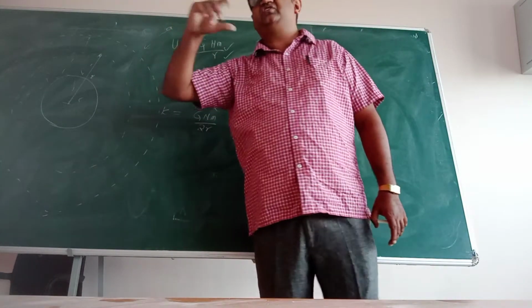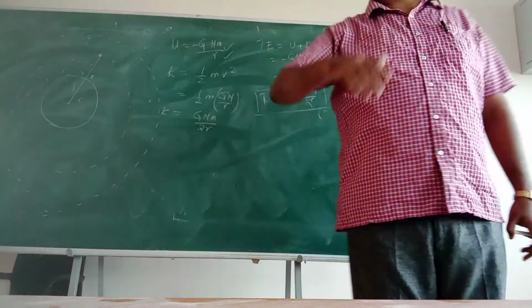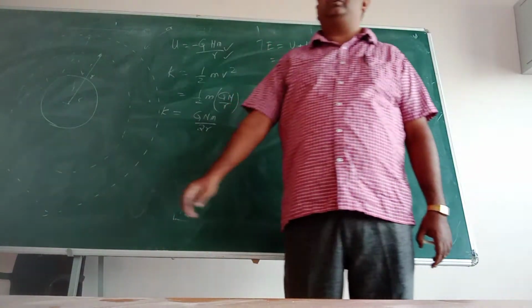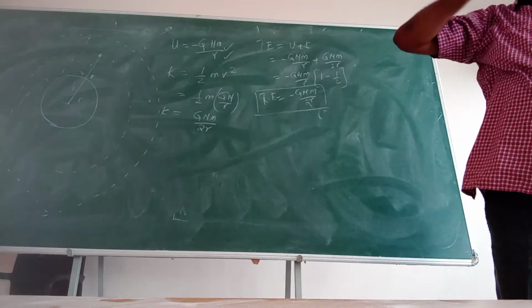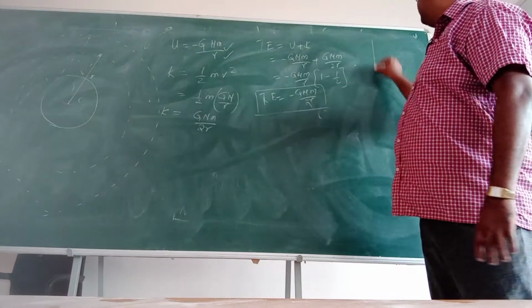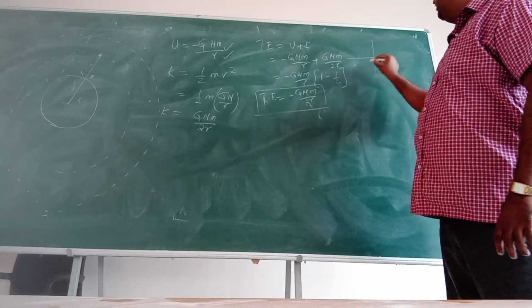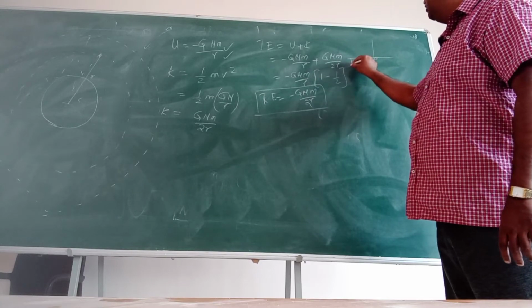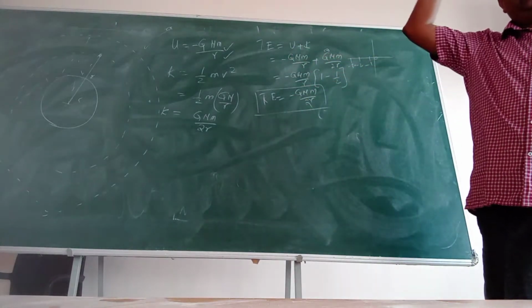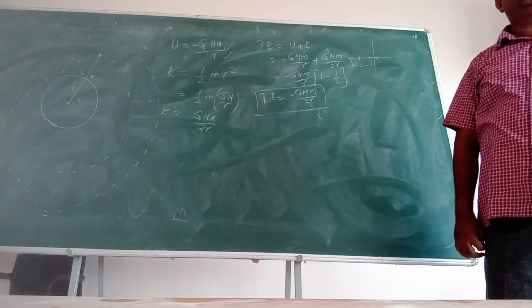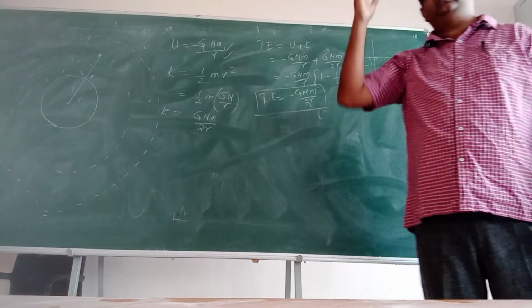I have told you that the potential value at infinity is 0. When you go to a very far off place, look at this number system: it is minus 1, minus 2, minus 3, so on and so forth, up till infinity. So at a very large distance, basically the value is 0.